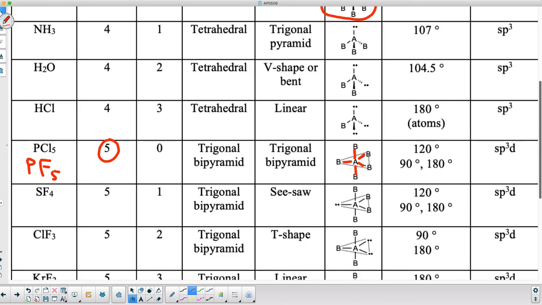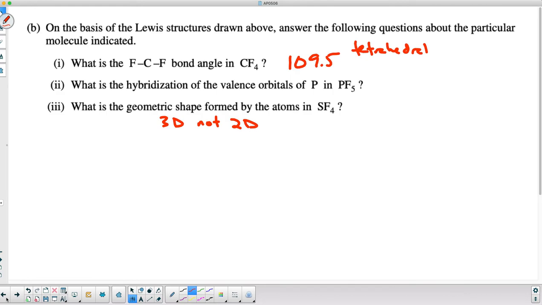Okay, so take a look. This says right here that the hybridization for 5 bonds, there's 1 that's an s, there's 3 that's a p, and there's 1 that's a d, and when you add these all up, that equals the 5 bonds. So sp3d is the hybridization. So let's go back. So for this, it would be sp3d.